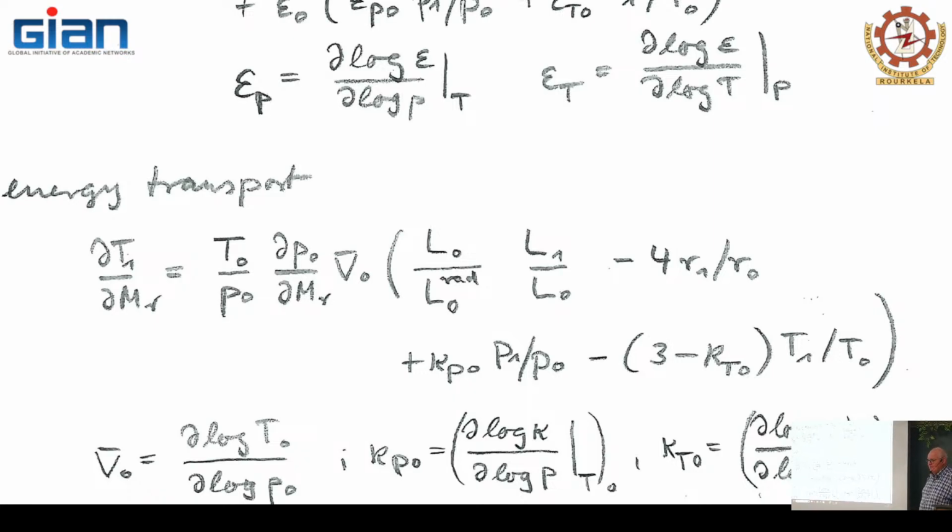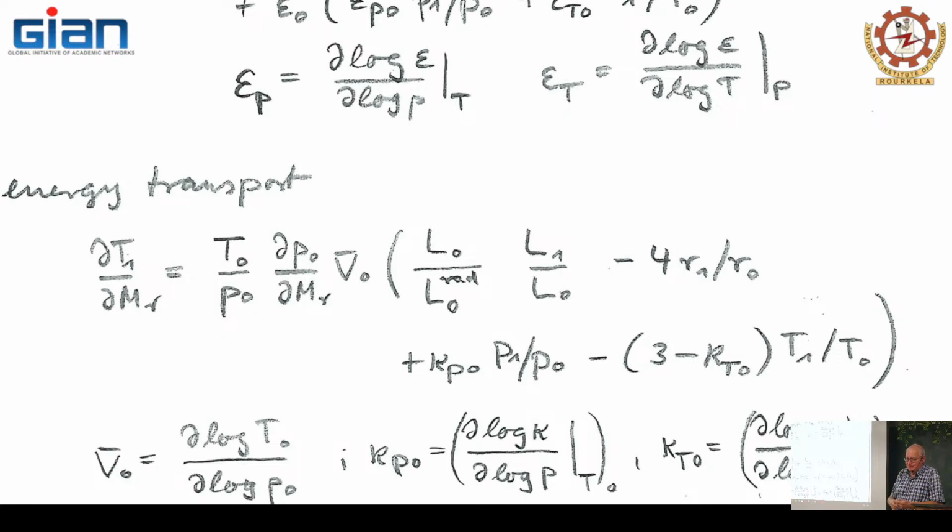Well, there's one point I should mention. If this term would be absent, if this would be unity, then this would be the linearized form of the diffusion equation for energy transport by diffusion of photons. Now we have the situation that in our star we do also have convection.